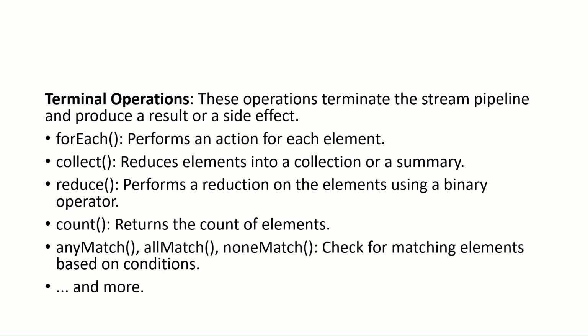Now let me try to explain one operation at a time. Let's say forEach. This performs an action for each element. So let's say you call this forEach method, which is a terminal method, and this forEach takes a consumer as an input. Now you want to print out each element of that stream.